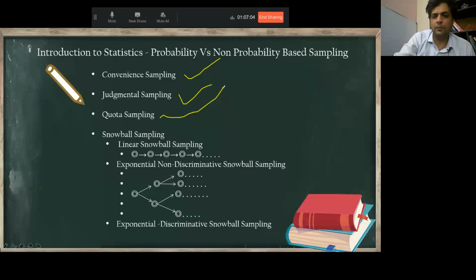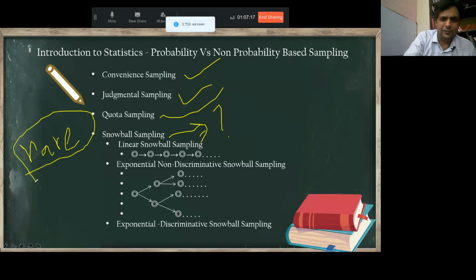Now let's talk about snowball sampling. There can be different kinds of snowball. As I told you, it is used when your sample is really rare and hard to get to. There are very few people who have the characteristic I'm interested in.